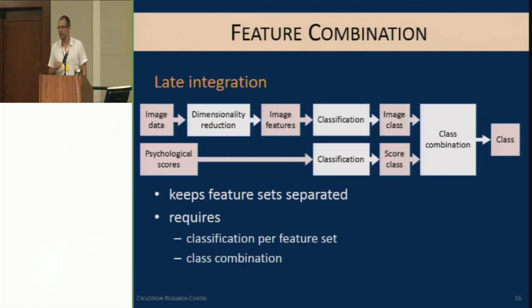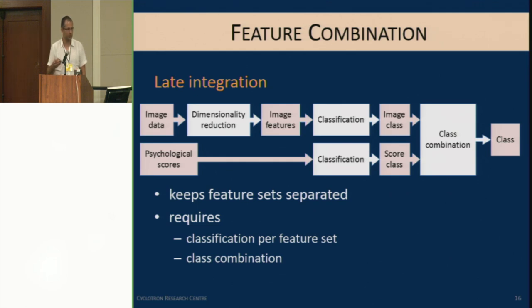And then the late integration joins what Jonas was mentioning early on this morning: you do your training and classification on each modality, on the images and the psychological scores, independently, and then you combine the outputs of the classification.